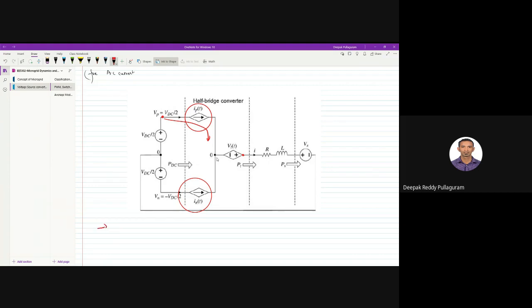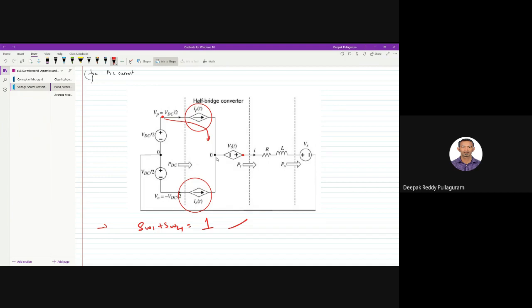Now, if you see the switch states, the combination of S1 plus S4, will it always be 1 to make a conduction? Will you agree on this? Yes, sir. If it is conduction mode, either SW1 will be on or SW4 will be on.